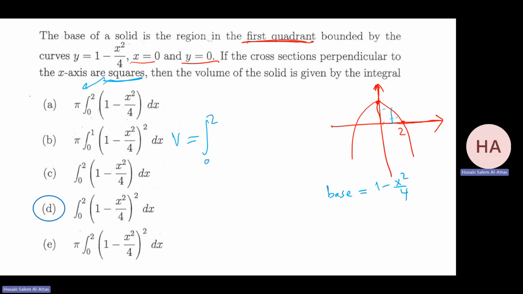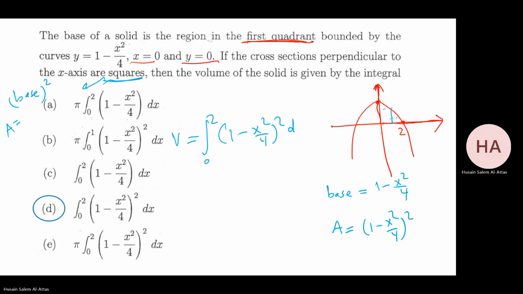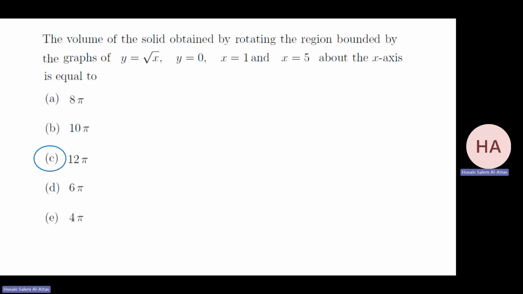The area of the square is the base squared. So the area will be 1 minus x squared over 4, all squared. So the volume will be this, and that will be my answer. No pi, don't forget, there is no pi.